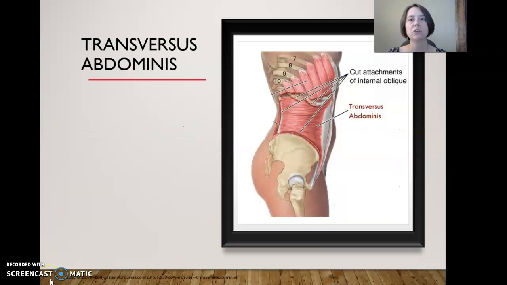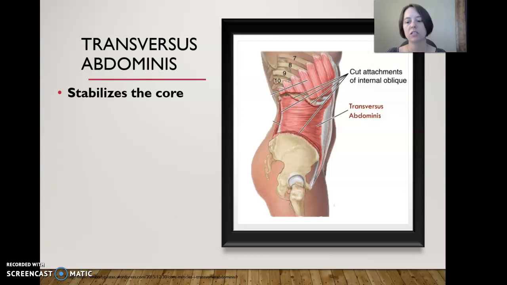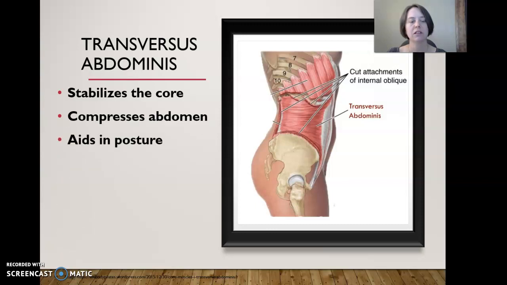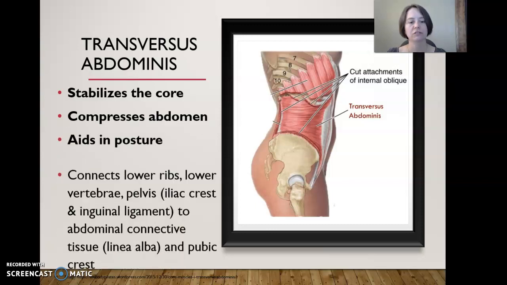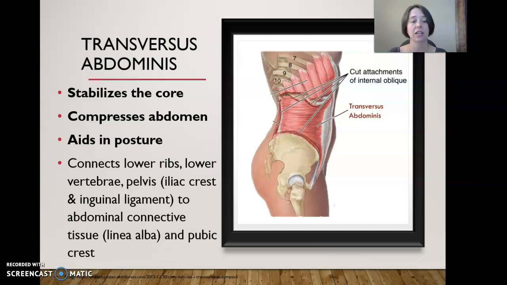Moving deeper still, you have the transversus abdominis. So this is the deepest of the abdominal muscles, and it is going to stabilize the core. It's really important in stability. It will compress the abdomen, and it aids in posture. Okay, it connects to a lot of things.